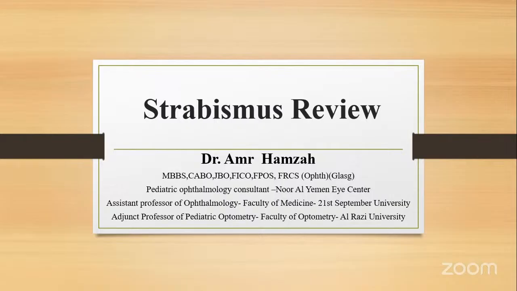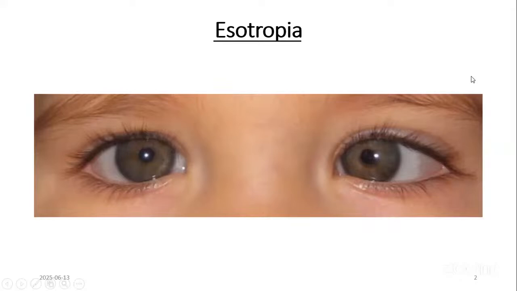It will be more of a discussion, and I will show all the necessary information about esotropia and exotropia for the FRCS exam and also for other specialty exams. Starting with esotropia, as we all know, it is inward deviation of the eye. And we have two types.